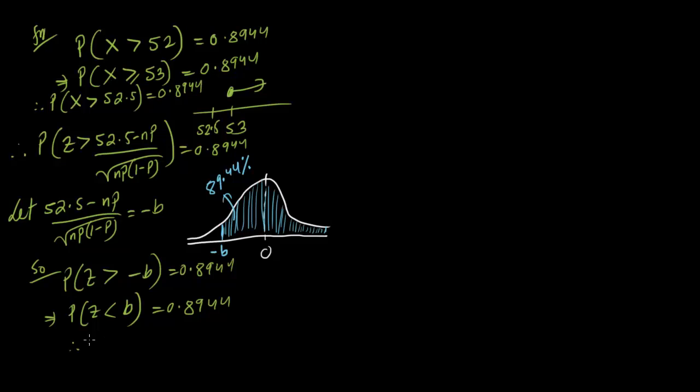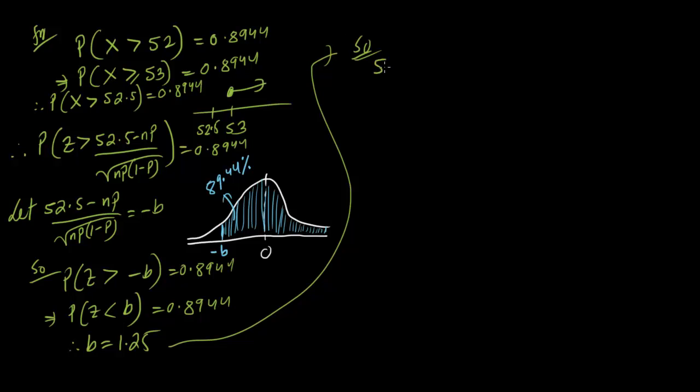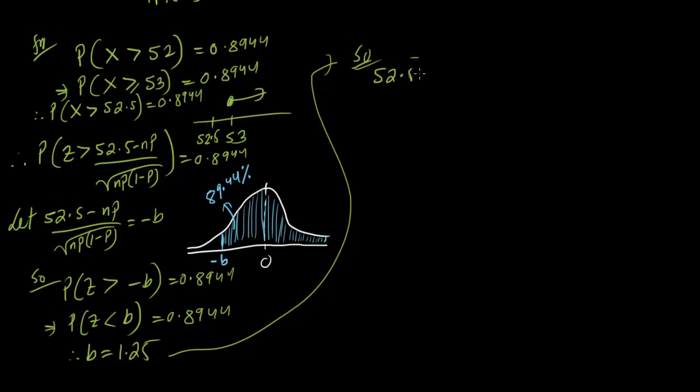So we can write therefore b equals 1.25. So when b equals 1.25 and we plug the value of b in this equation, we can write 52.5 minus np divided by square root of np(1 minus p) equals minus 1.25, and this is equation 2.